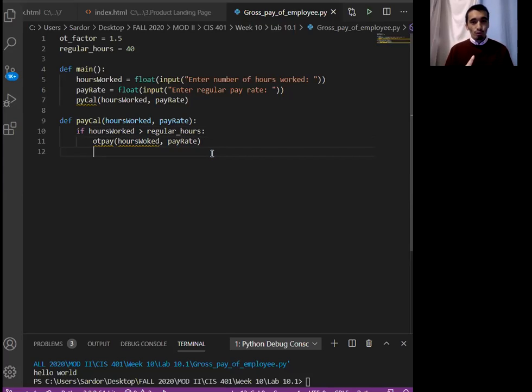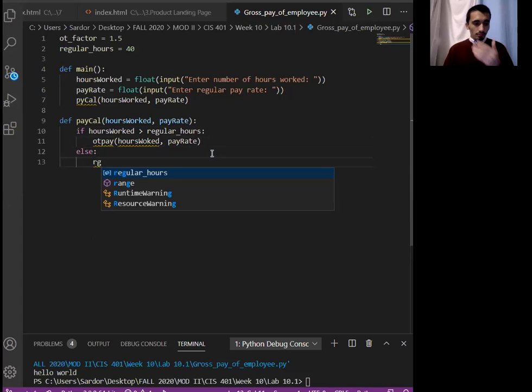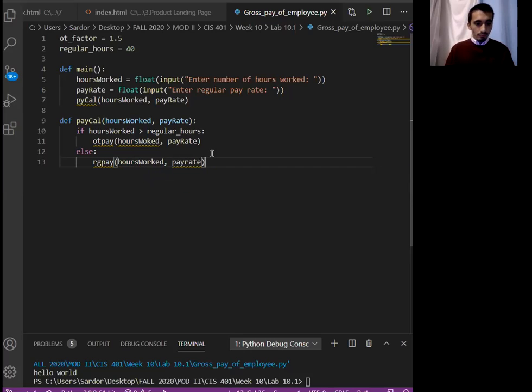Now, if it is not true, then we write else colon, RG pay is hours worked times pay rate.